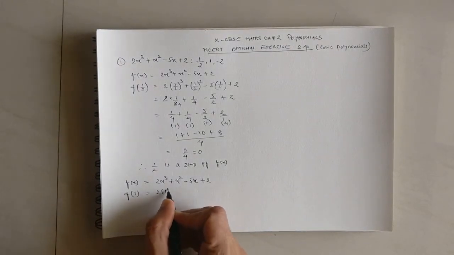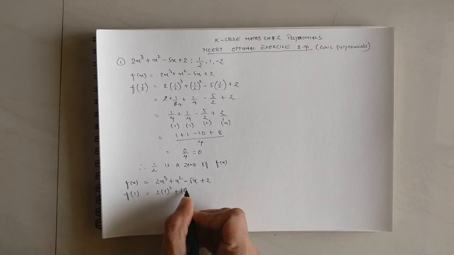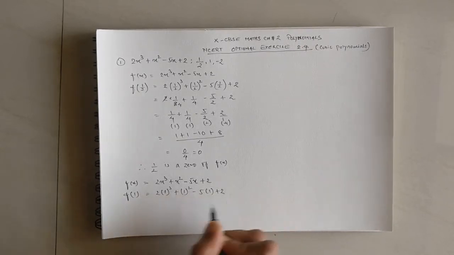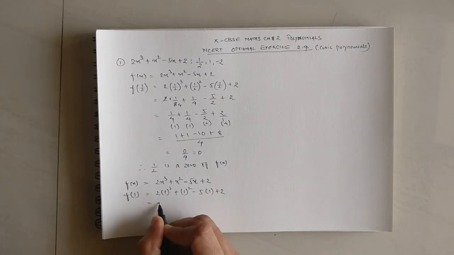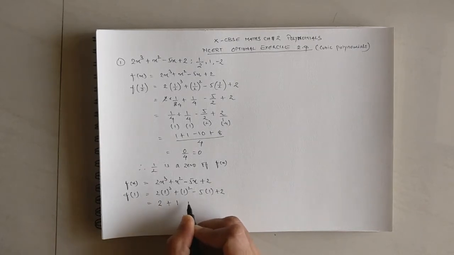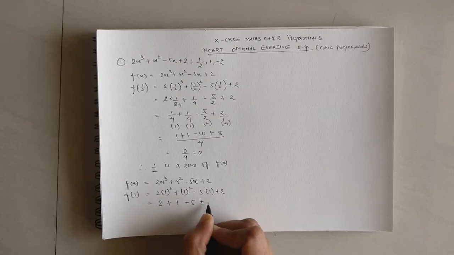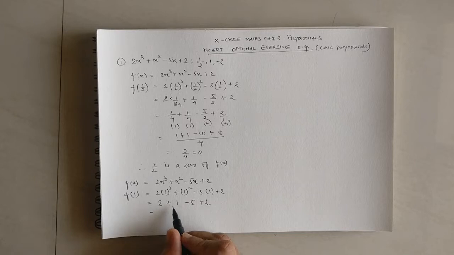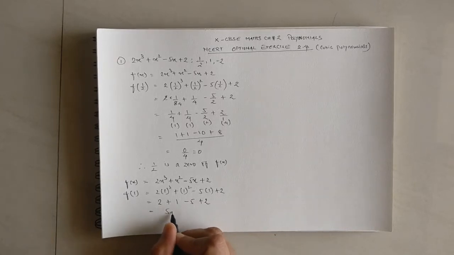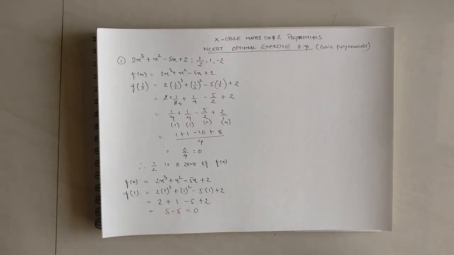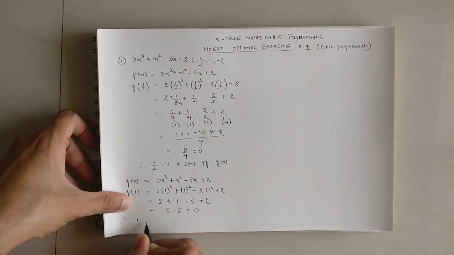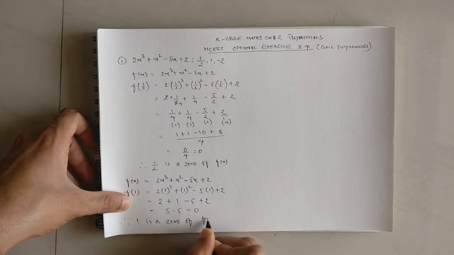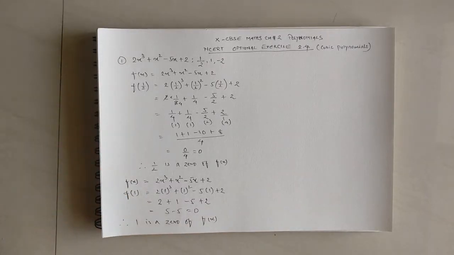So 2 into 1 cube plus 1 square minus 5 into 1 plus 2. 2 into 1 cube is 2 plus 1 minus 5 plus 2. 2 plus 1 is 3. 3 plus 2 is 5, and 5 minus 5 is 0. Therefore 1 is a 0 of f of x.